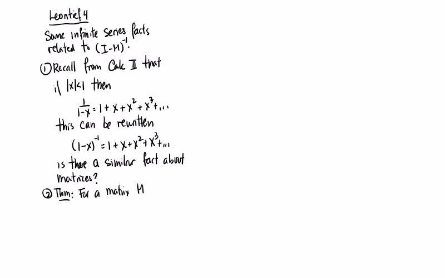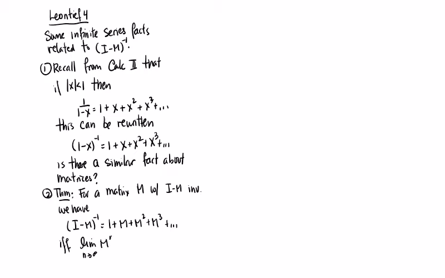For a matrix M with I minus M invertible, we have (I - M) inverse equal to I plus M plus M squared plus M cubed, and so on, if and only if the limit as n goes to infinity of M to the n plus 1 is 0.